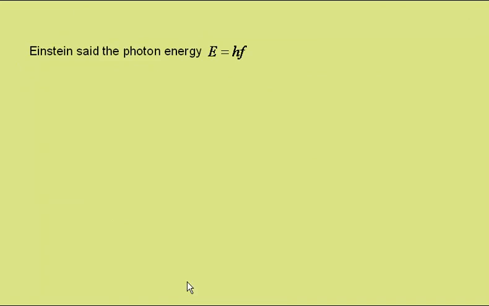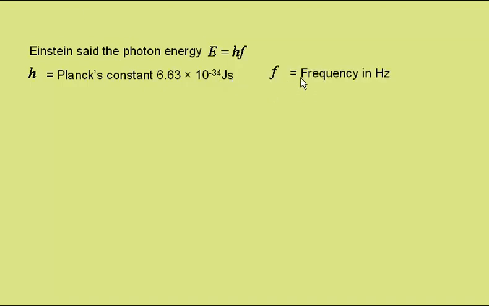Einstein said that the photon energy E is equal to hf, where h is Planck's constant, the tiny number of 6.63 times 10 to the minus 34 joule seconds. f is the frequency of the radiation in hertz.